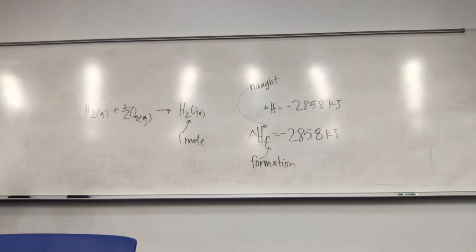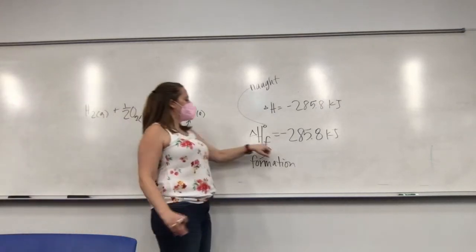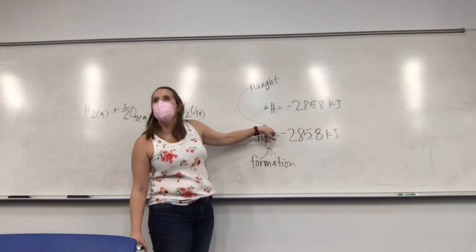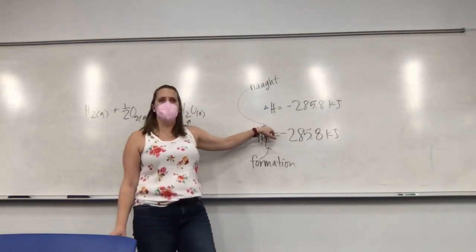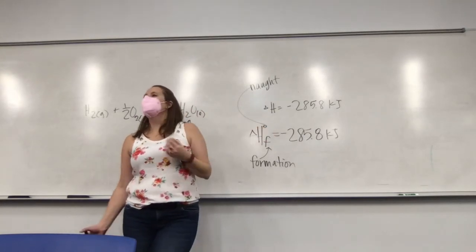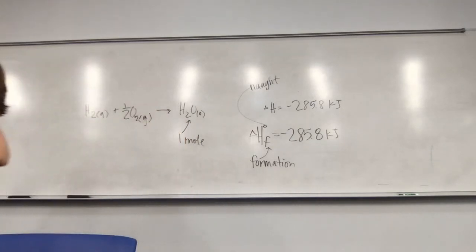So delta H naught F basically means the heat of formation, and this degree symbol means that it's at standard temperature and pressure. The reality is most, if not all, of our chemical reactions are conducted at temperatures other than 298 Kelvin.